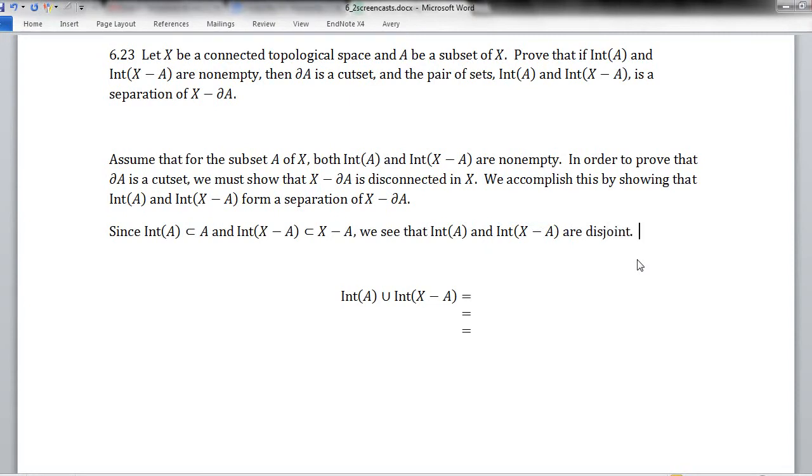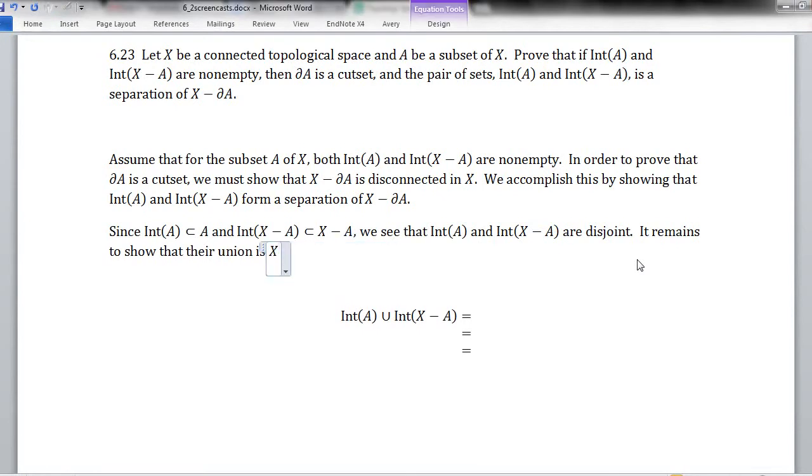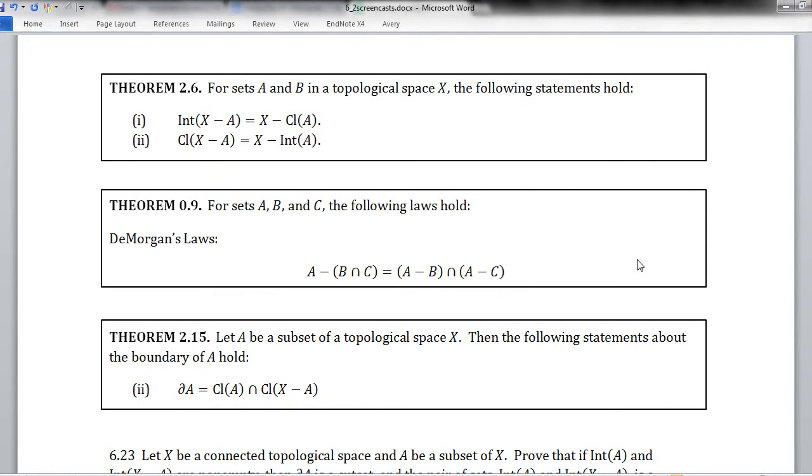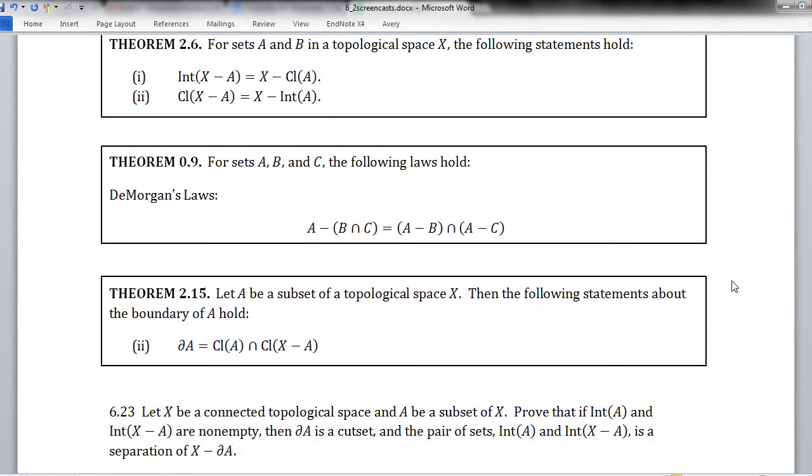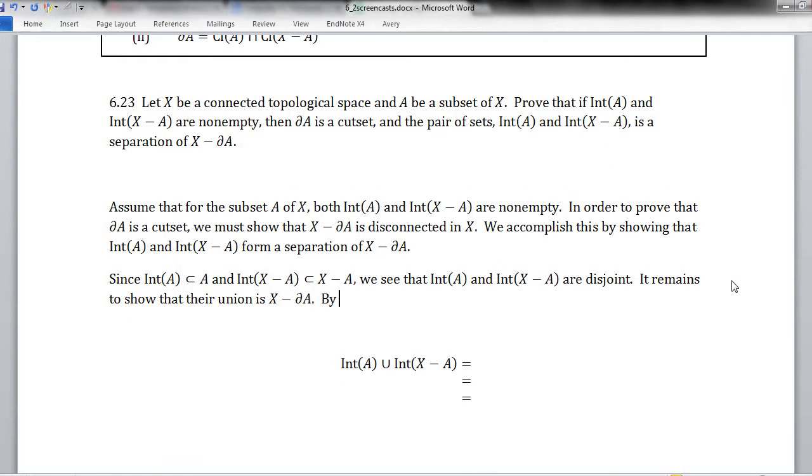Okay, and then the last thing on our list remains to show that their union is X minus the boundary of A. For that, I'm going to use all three of these results up here, these theorems, to do some set manipulations.